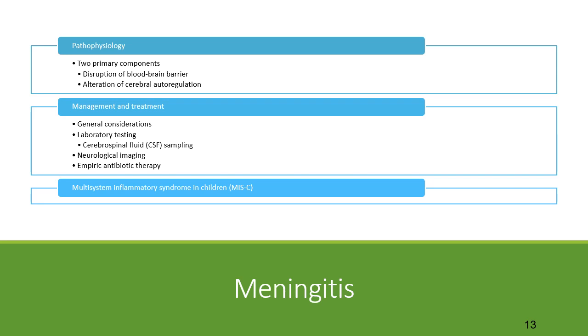Multisystem inflammatory syndrome in children was recognized during the COVID-19 pandemic. With the COVID-19 pandemic, this new shock state was described in the pediatric population, those patients less than 21 years old, and named MIS-C, or multisystem inflammatory syndrome in children.